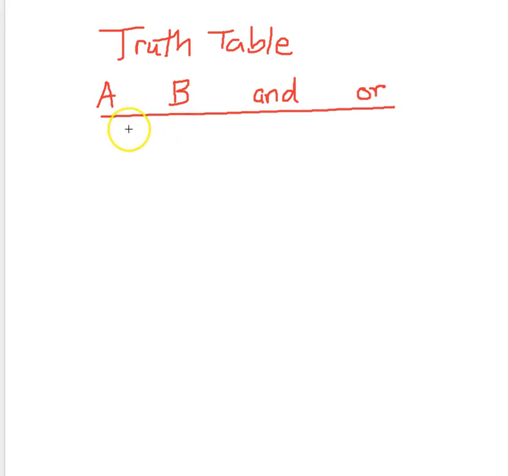And there are four possible situations where you have two variables and they're either equal to true or false. I want you to keep track of these four possible situations in the same order in which you would count binary numbers.